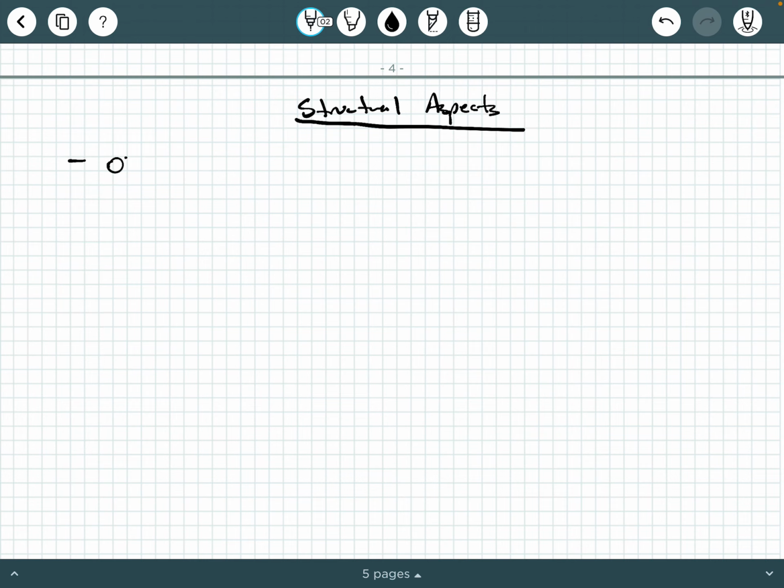Well, we first obtain the structural response modification coefficient, and we call that R, okay?